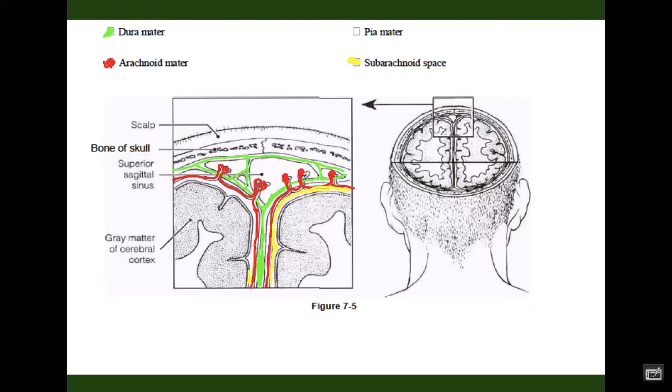This is where that web is located. Then the last one, in blue, is the Pia Mater, and it is the layer that's fused to the gray matter of the cerebral cortex. So those are the meninges, and we will be continuing on with talking about the spinal cord.